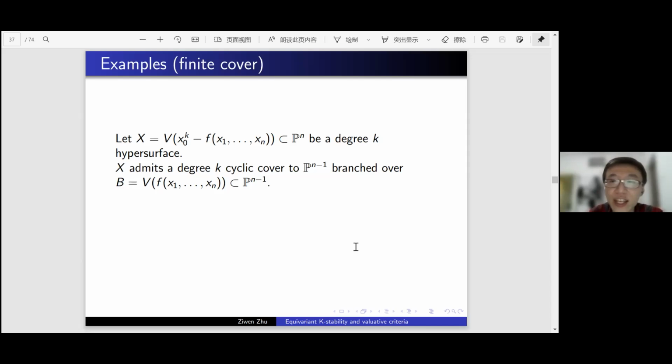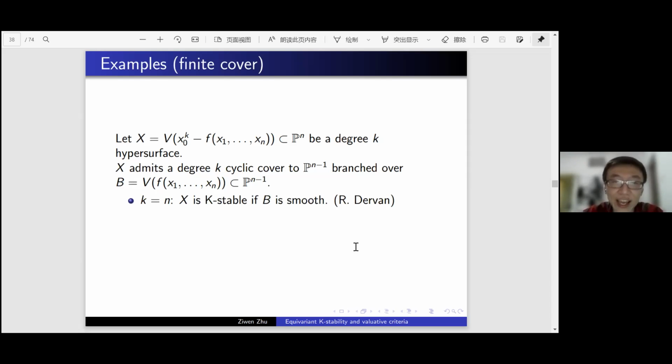This example is actually already considered in Devin's paper when he considered K-stability of cyclic finite covers. In his case, he's mostly considering the cyclic cover where the branch locus is in fact Calabi-Yau.